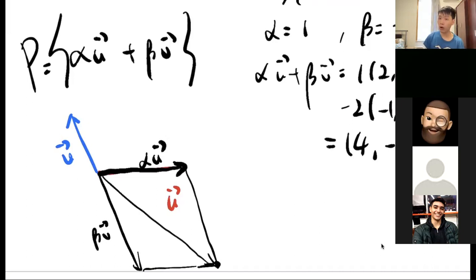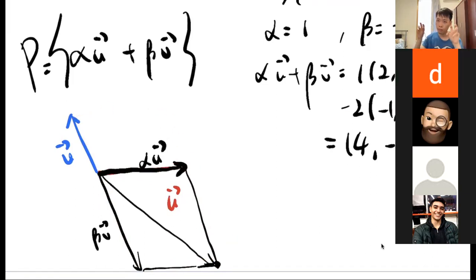So this is on the plane because it is formed by a parallelogram where the edges go along u and v respectively. This is a stretch of the original parallelogram formed by u and v. Exactly.